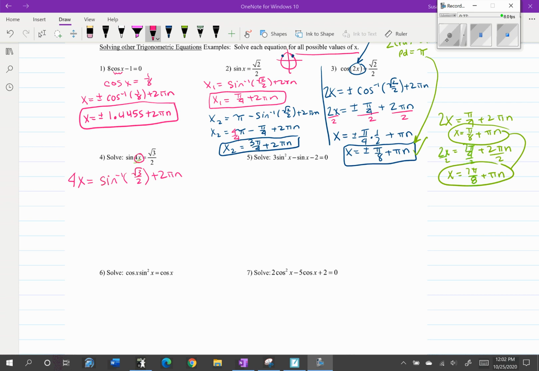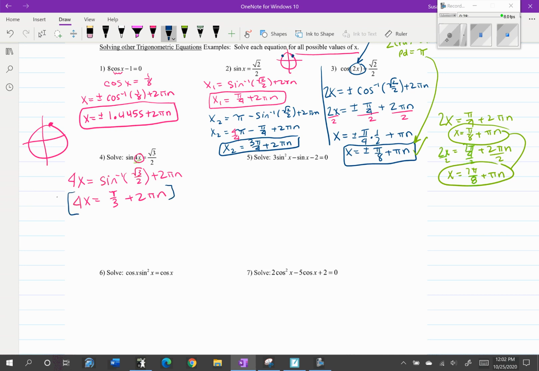And if we keep going, you can think about your unit circle: where is the sine equal to root 3 over 2? We know that it's going to be up here at pi over 3. So pi over 3 plus 2 pi n is going to give us our first answer.